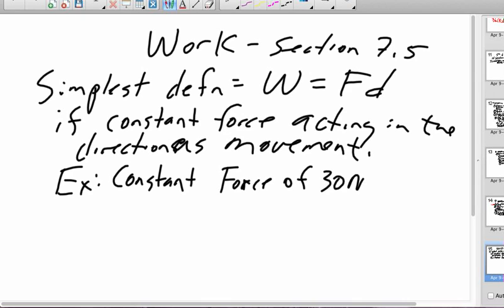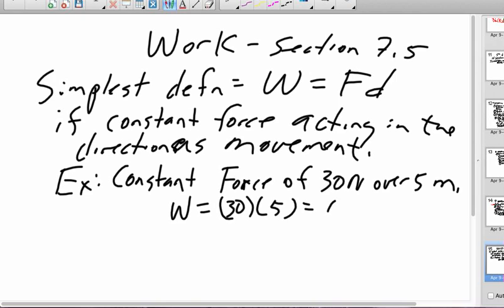But 30 newtons over 5 meters. And it's a constant force that's acting in the same direction. So my work is going to be 30 times 5, which is 150 Newton meters.